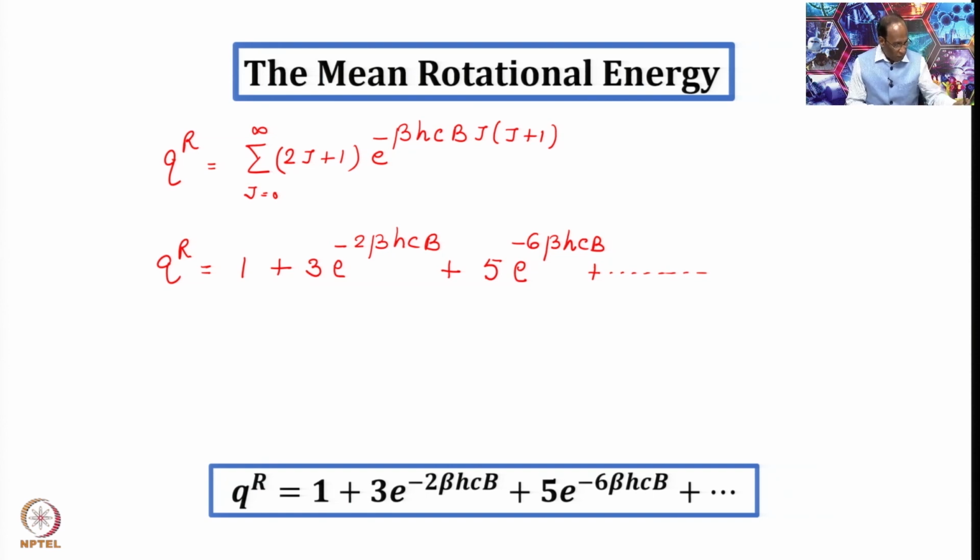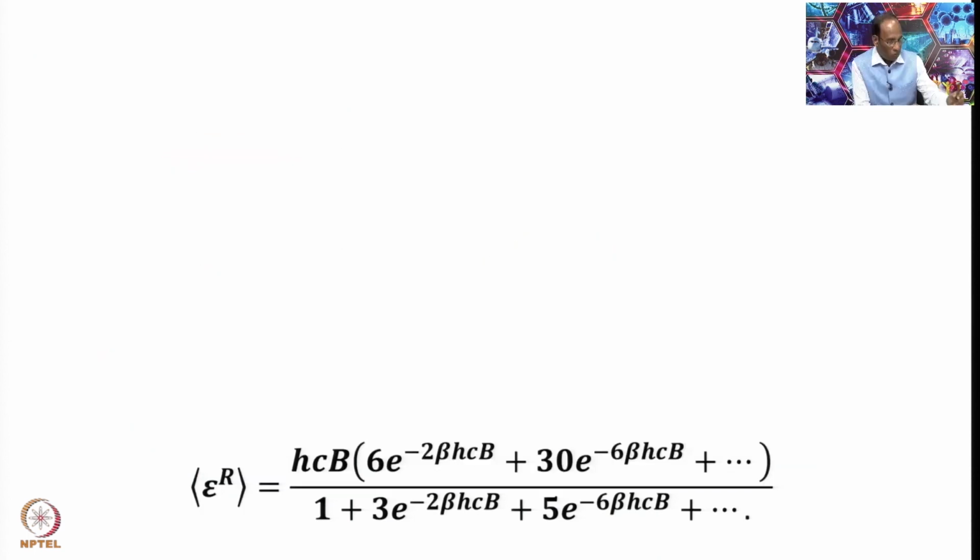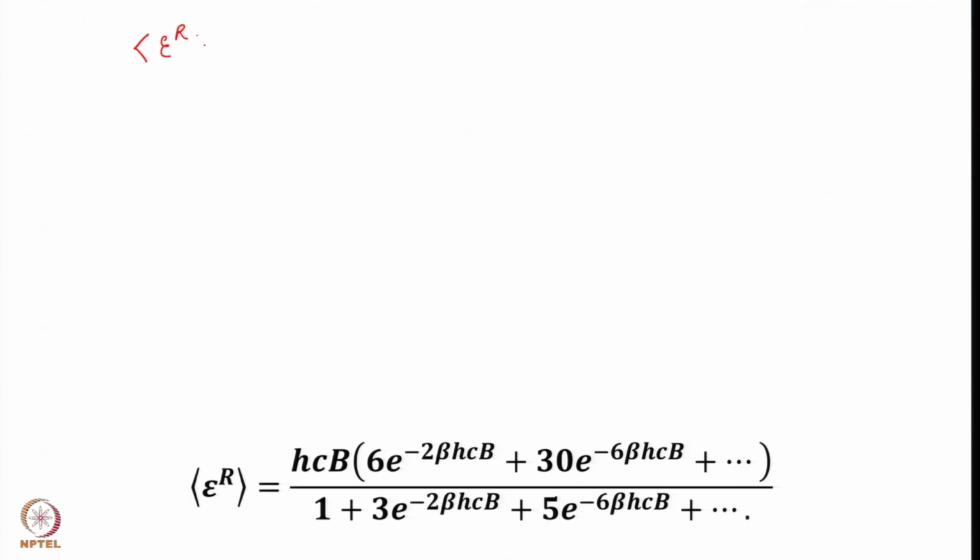We have to go by explicit summation. So that means QR, which is represented here, has to be used if the experimental temperature is not very high. So let us use what we have. The mean rotational energy will be equal to minus 1 by QR del QR del beta at constant volume, and we need the expression for QR.